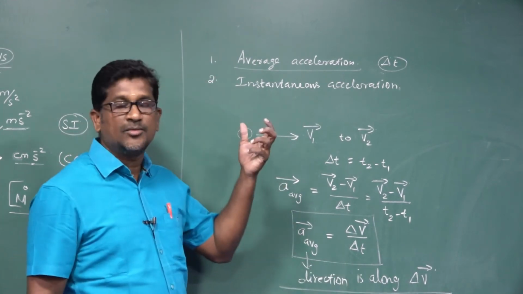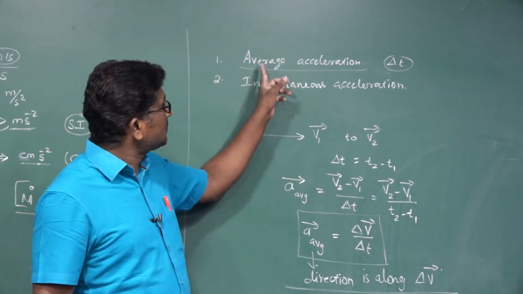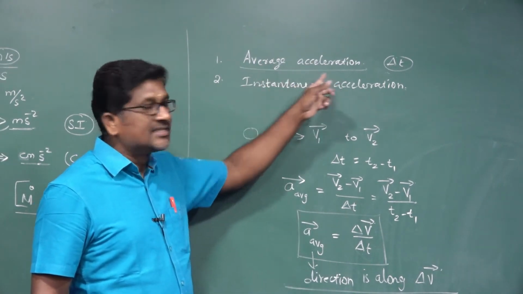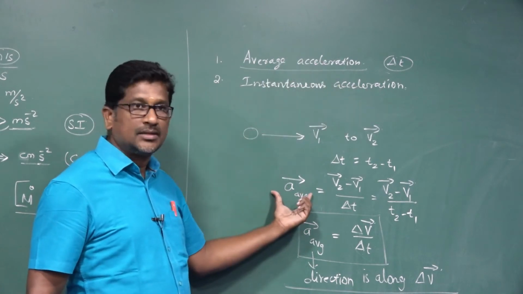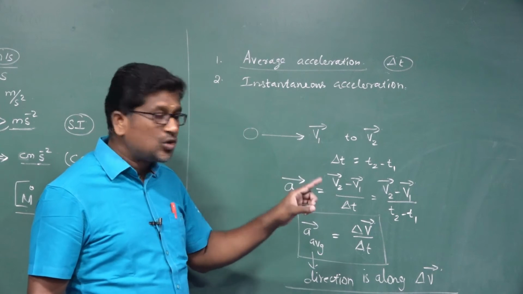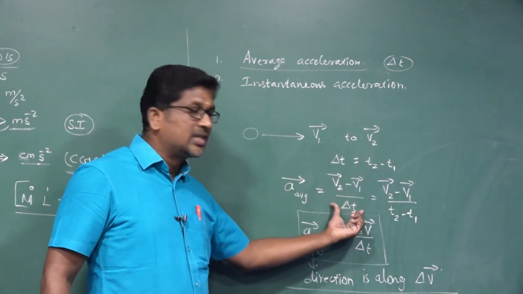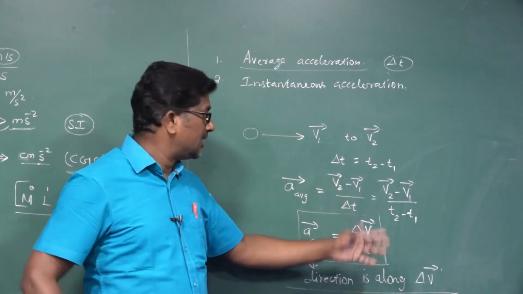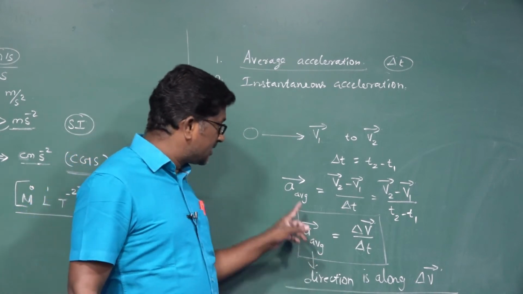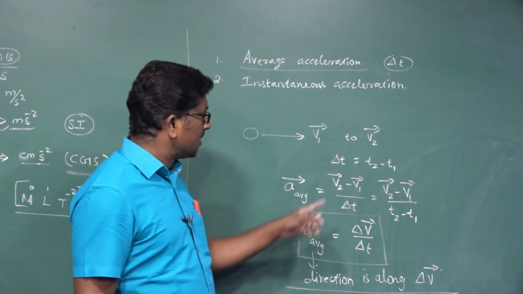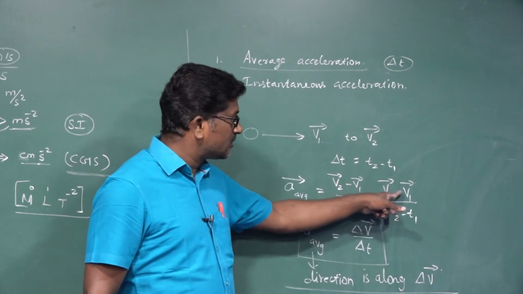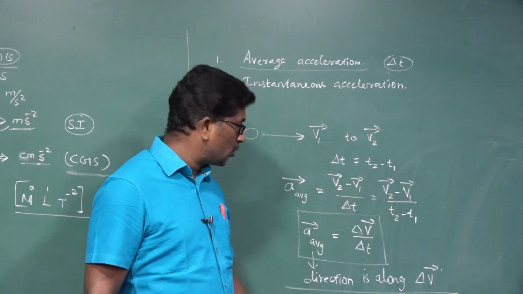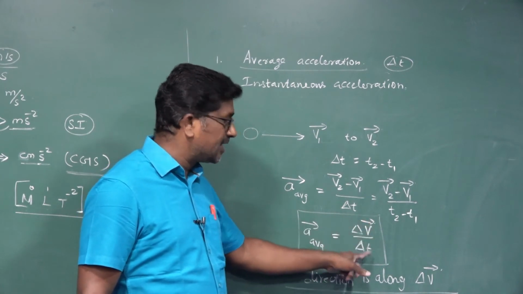Acceleration is of two types: average acceleration and instantaneous acceleration. Average acceleration is defined as the ratio of change in velocity over the time del t. It can be written as v2 vector minus v1 vector divided by del t, or v2 vector minus v1 vector divided by t2 minus t1, or del v vector divided by del t.